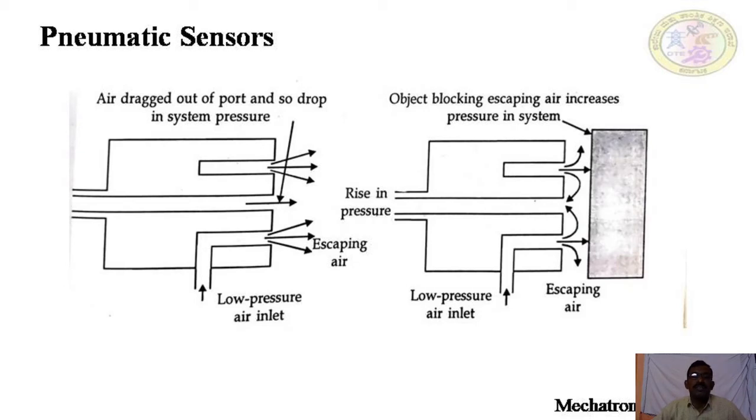When the object is blocking these ports, the air pressure increases at this sensor output port to a maximum level, so that by measuring this pressure, which is directly proportional to the movement of the object, when the object is very close to the ports, the pressure is very high, and when the object is far away from the ports, the pressure is low at the sensor output port.